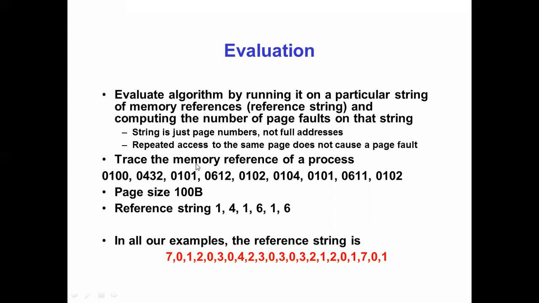Now trace the memory reference for a process. We will use a particular process, and then we can trace the memory reference. Whenever we use either the physical memory or the CPU memory, we divide the memory into spaces, and each memory location has some address.